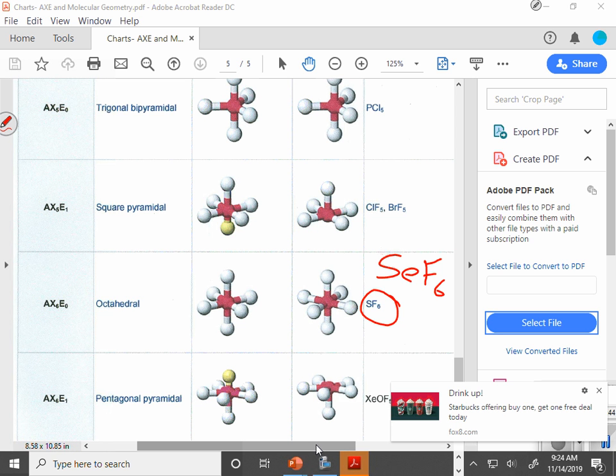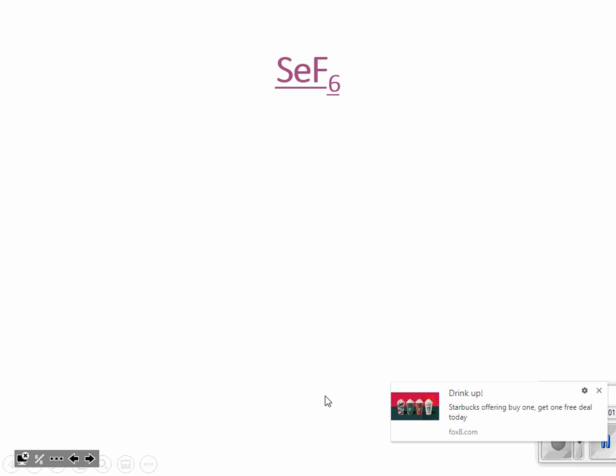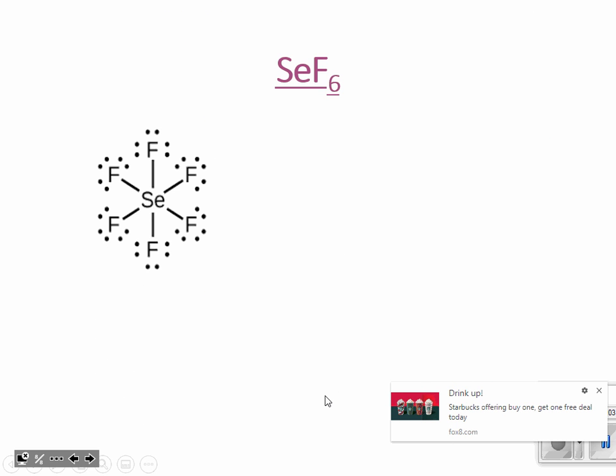So even if I didn't have the Lewis structure, I could look at these and say, okay, this is going to be similar. Now, when I go back to my PowerPoint, I want you just to remember the AX6E0, because when I come back to my PowerPoint here and I bring up my Lewis structure for that, and I look at the selenium, I see that there are 1, 2, 3, 4, 5, 6 bonding and 0 non-bonding.